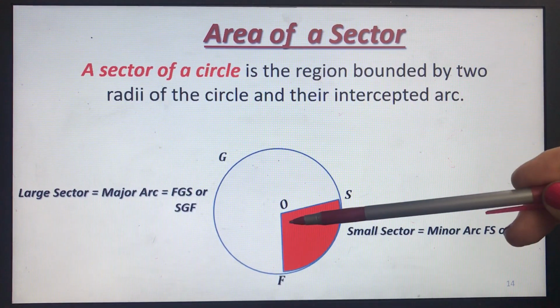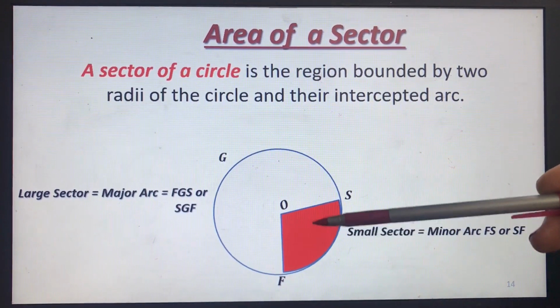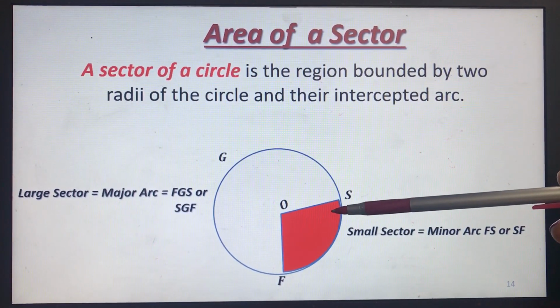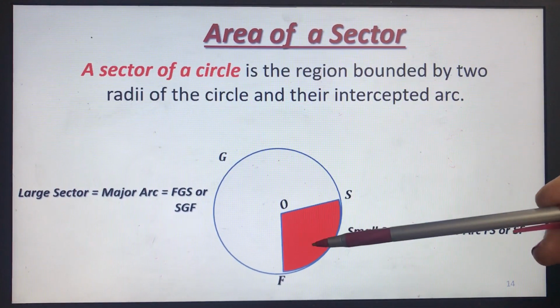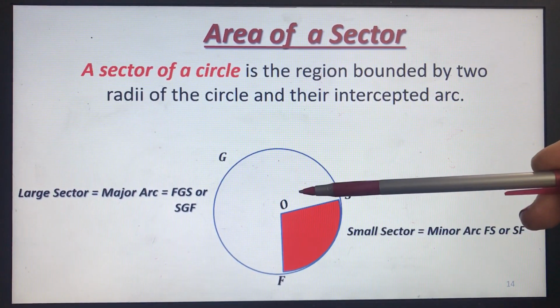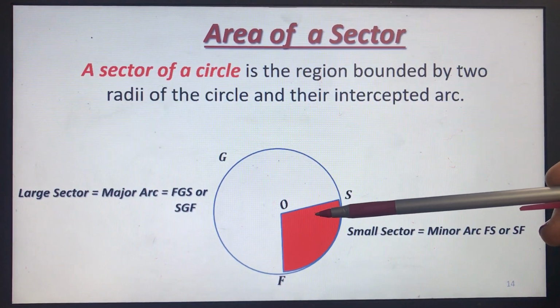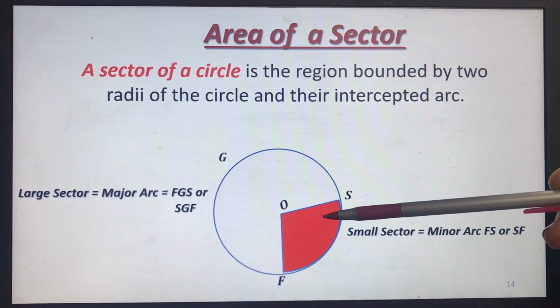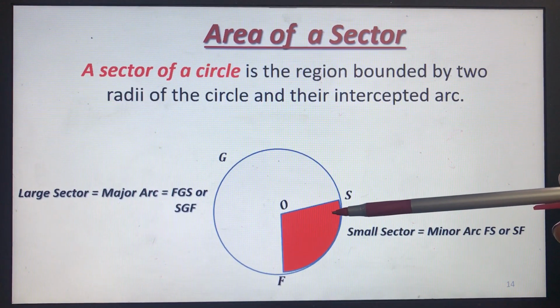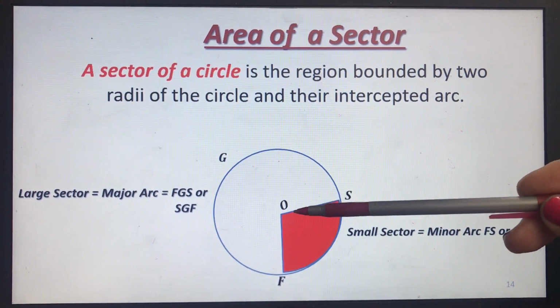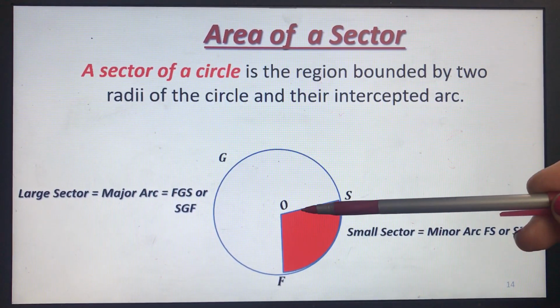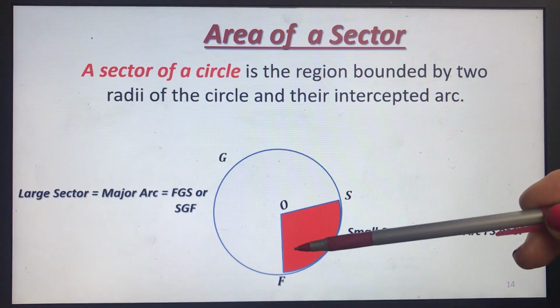So here we've colored the sector of a circle in red. And notice here it is a region within a circle, and it's going to be bounded by two radii of the given circle. In this case, the radii are represented by segments OS and OF.